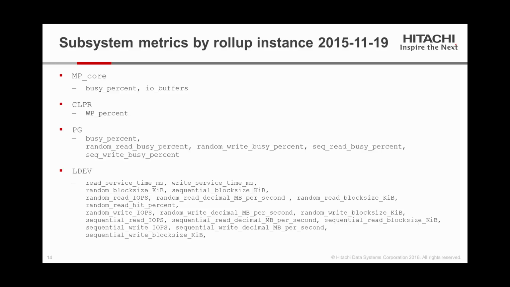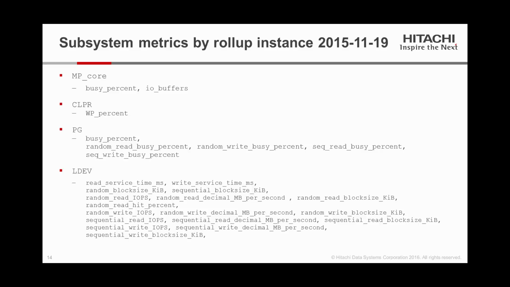And then there you can see the element metric that's available for those subsystem elements. So in other words, for Clipper, you can only look at write pending percent. For MP Core, you can look at busy percent, and you can also look at I/O buffers.